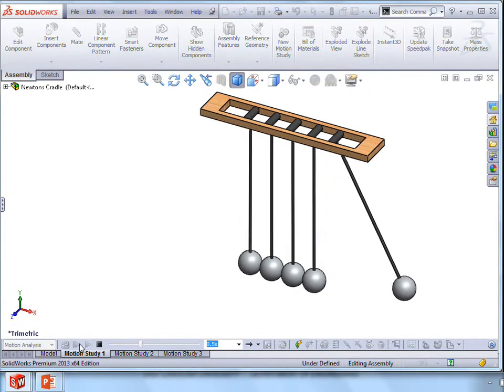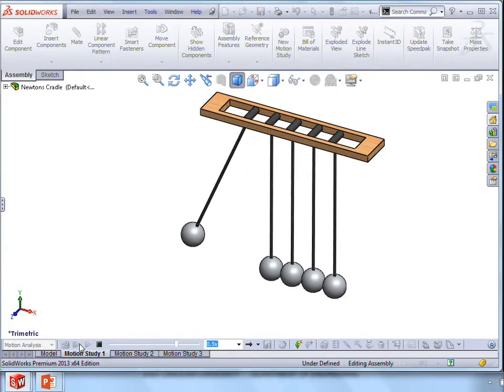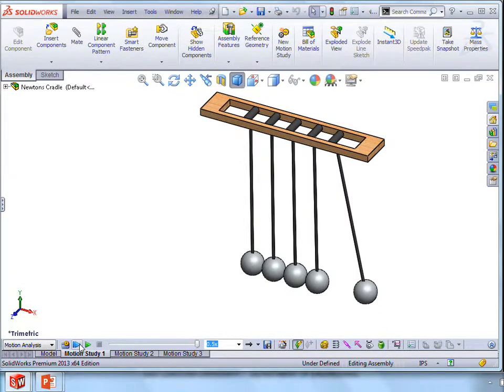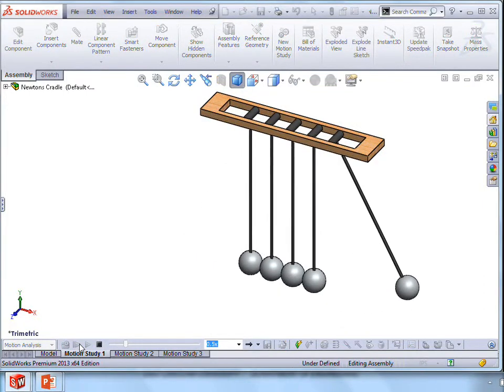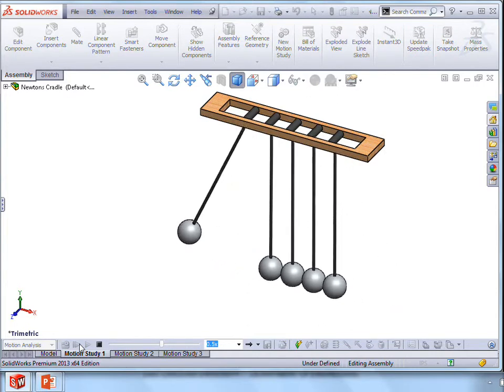We do start getting a little bit of motion in the ones in the middle, and when you actually run this, do the real thing, you'll see that does happen. Again, not perfectly elastic collisions, and so these balls don't remain perfectly still during the whole time, but pretty close.